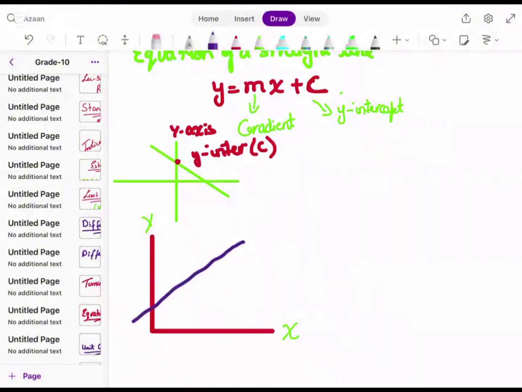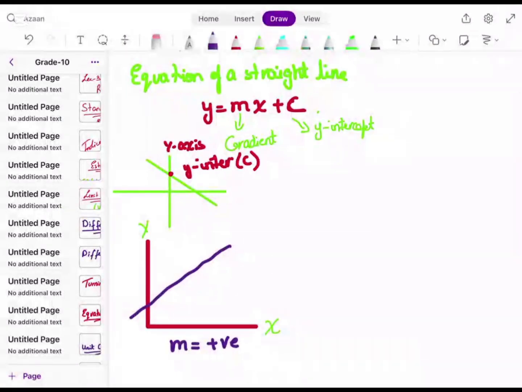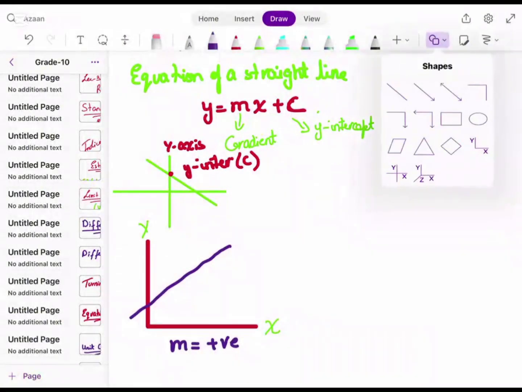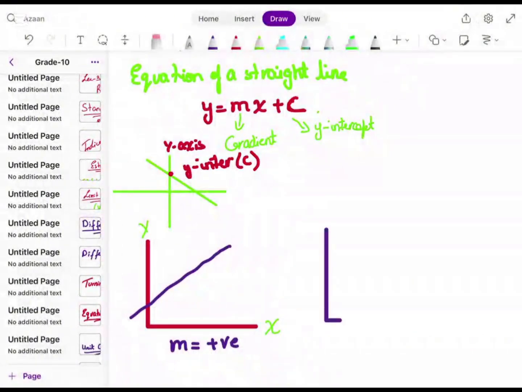If a straight line is rising upward, then remember that the slope of this line will always be positive. The equation remains the same, y equals mx plus c. There is no change in the equation.